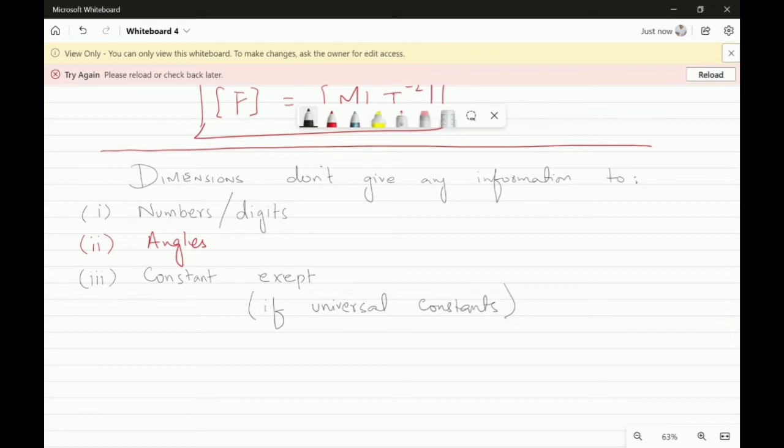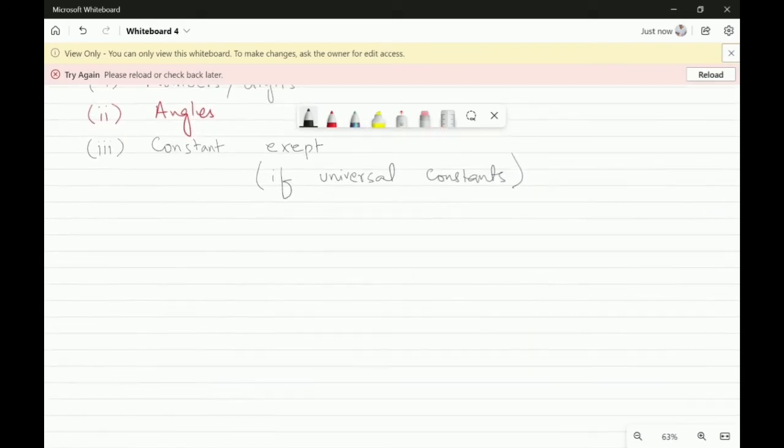So all those quantities which can be described in terms of base units or base quantities, only those can be expressed in dimensions. So these three are the things, or expressions, for which dimensions do not give any information.